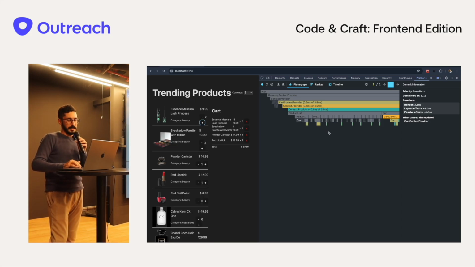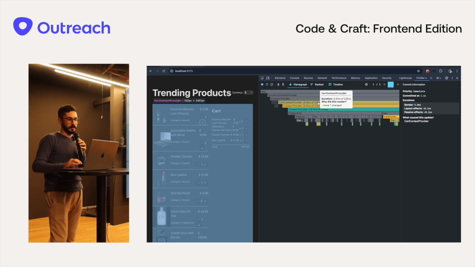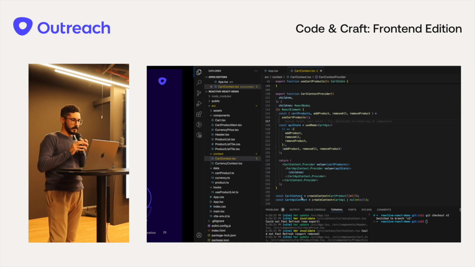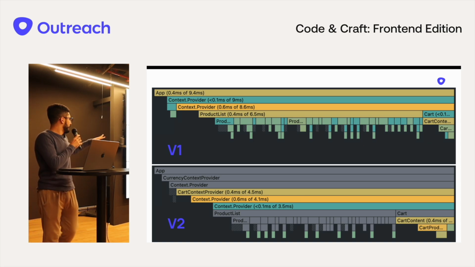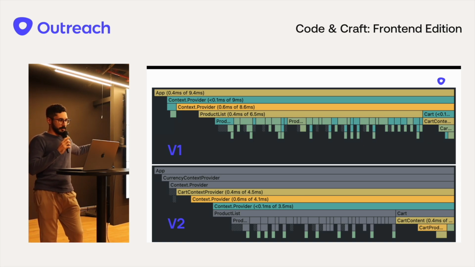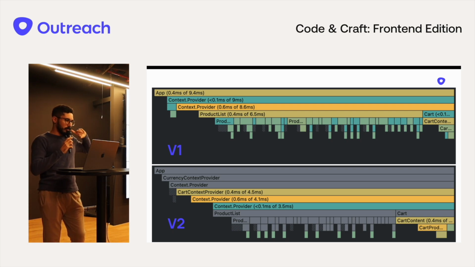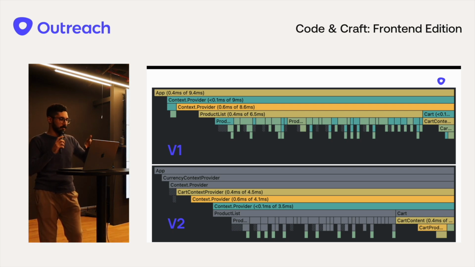Now the re-render of the entire app took 3.1 milliseconds. Here we can see them on top of each other: at the top we have v1, and at the bottom we have v2. v1 took 9.4 milliseconds to re-render, v2 took only 4.5 milliseconds.